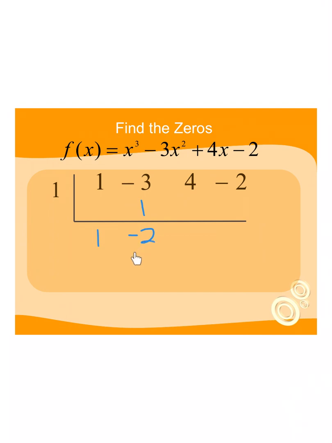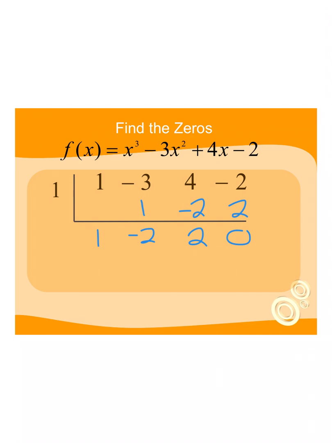I take the value I got and multiply it by my outside a value, and I get -2. When I add my 4 and -2 together, I get +2. And I'm going to multiply one more time, so 2 times 1 is going to be +2. And finally, I add -2 and +2 together, and I get 0.